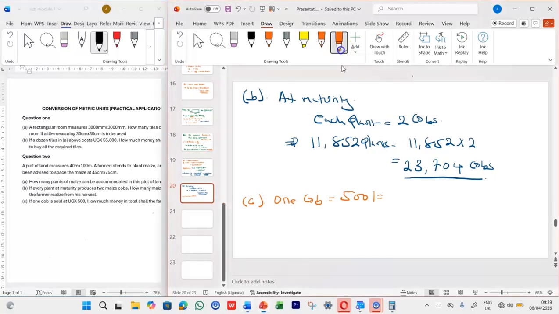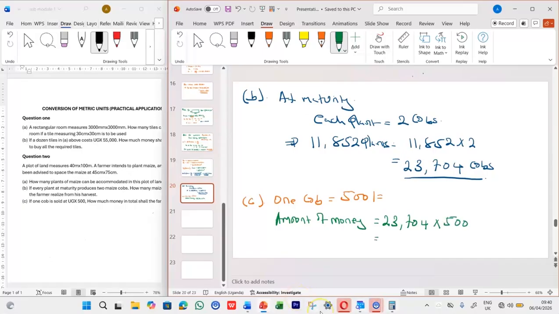So the amount of money will be equal to the number of cobs, 23,704, times the price per cob.